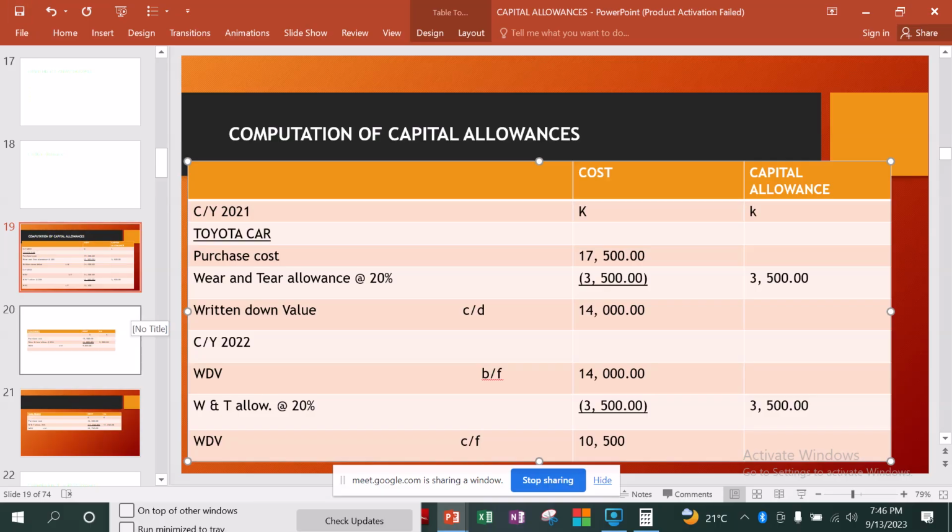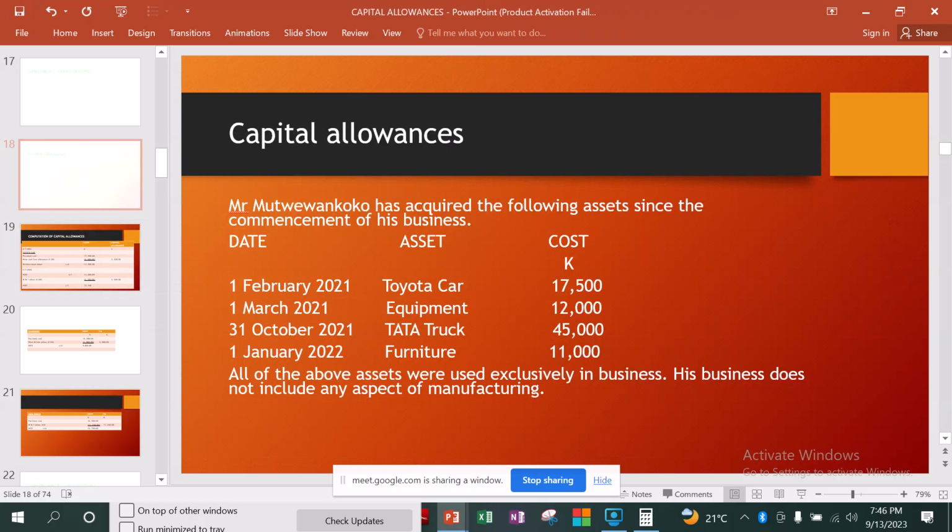Now again we have the other assets still with us. Look at the equipment as well.